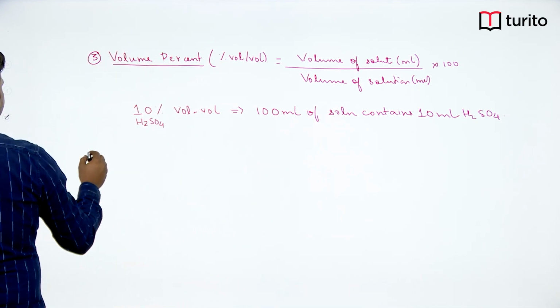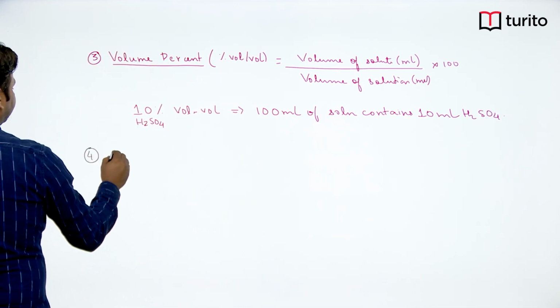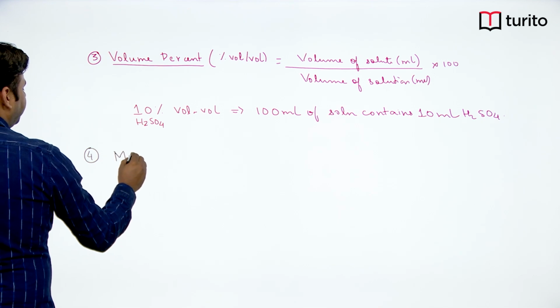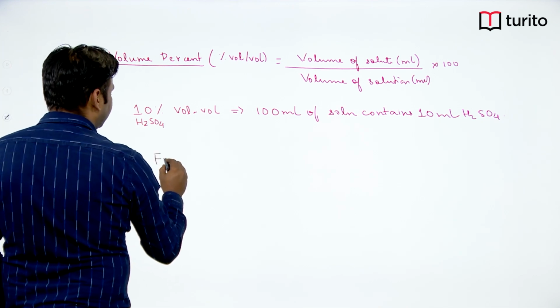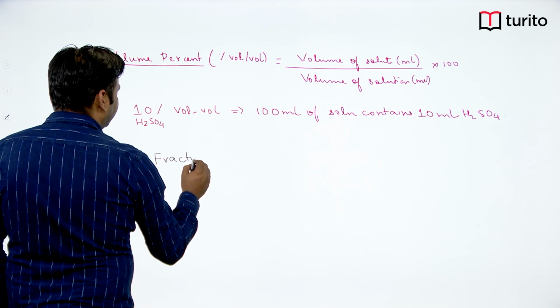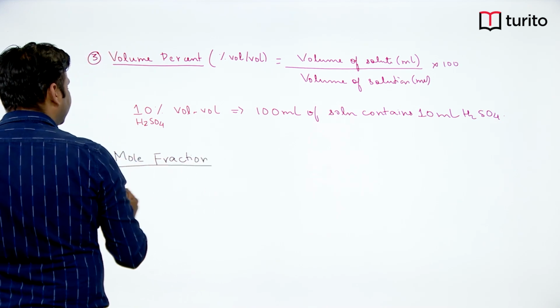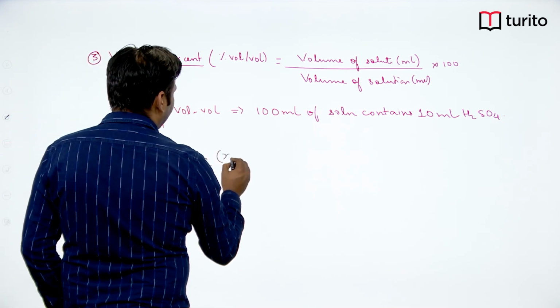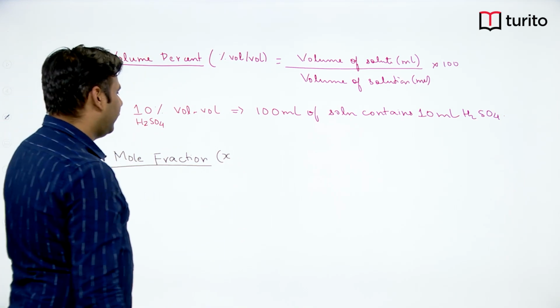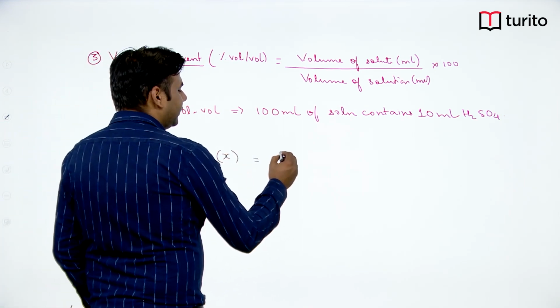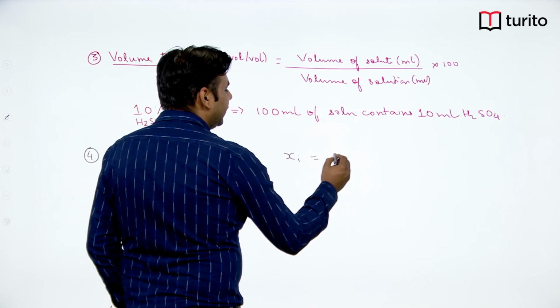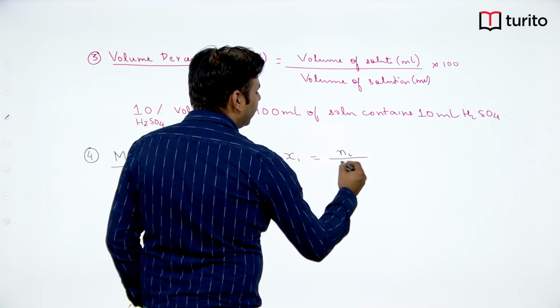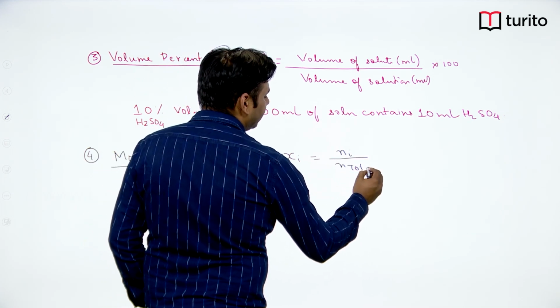Fourth important term is mole fraction. Now what is mole fraction? Mole fraction is denoted by small x. Okay. Mole fraction of a component is given by the moles of that component upon the total moles.